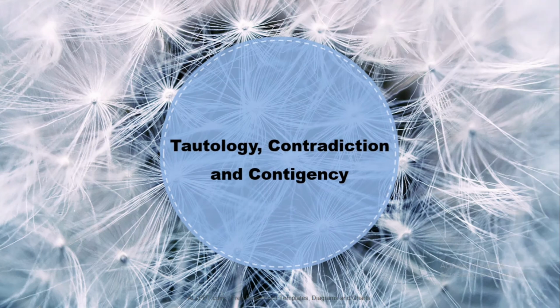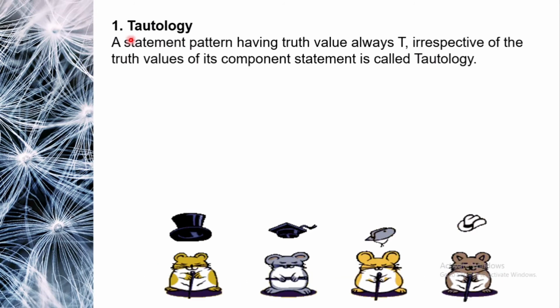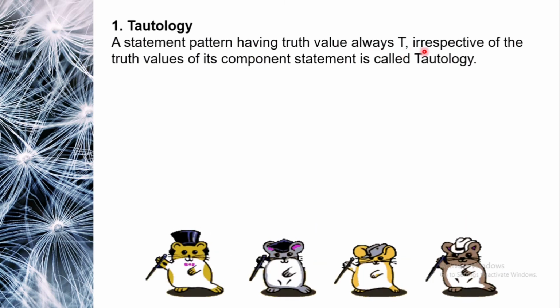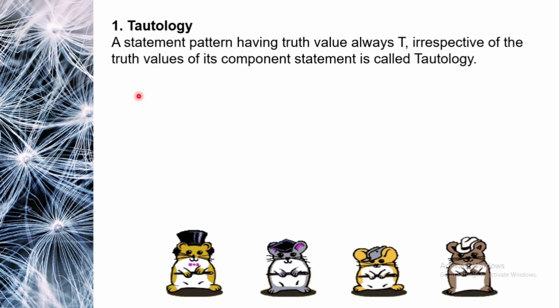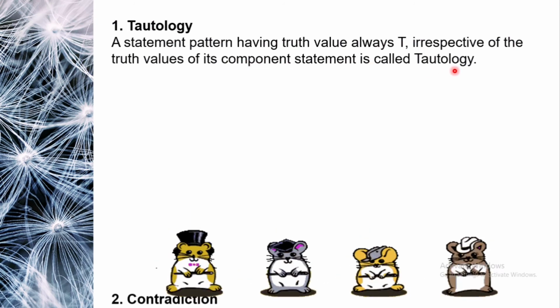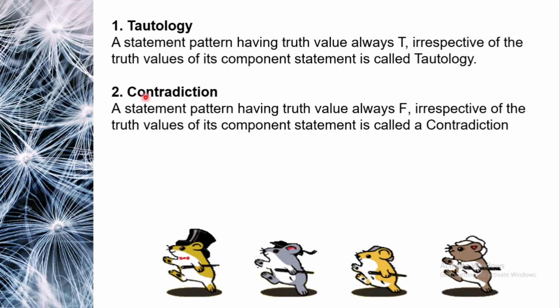Next topic is tautology, contradiction, and contingency. 1. Tautology. A statement pattern having truth value always T, irrespective of the truth values of its components, is called a tautology. 2. Contradiction.